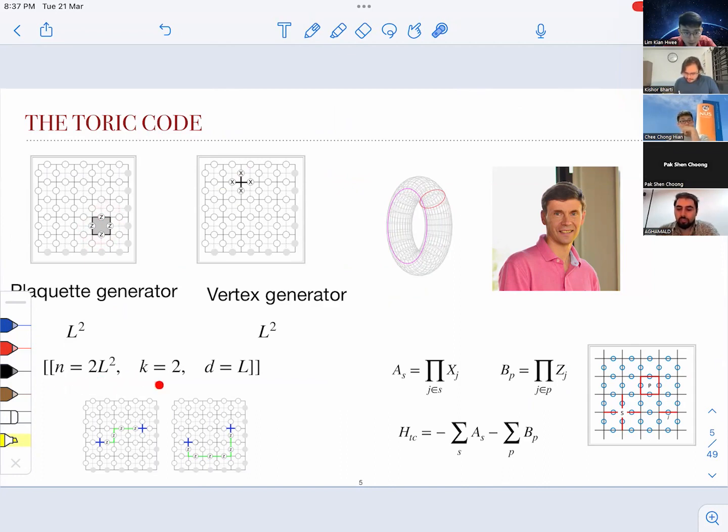In the [[n,k,d]] notation, we had 2L^2 physical qubits, which encode 2 logical qubits, and the distance was L. If you have an error, it is detected by stabilizers, which corresponds to measurements at the end. And if you apply a correction operator which together with your error forms a trivial loop, then you correct your error. That's what we discussed last time.